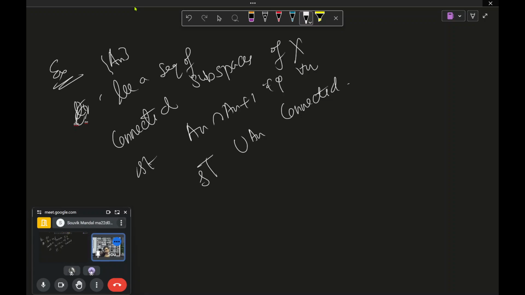So how to proceed? What we need to do is start with a continuous map f from the union of A_n to plus minus 1, and somehow show that this map is constant.